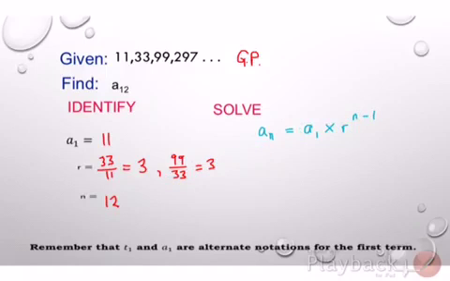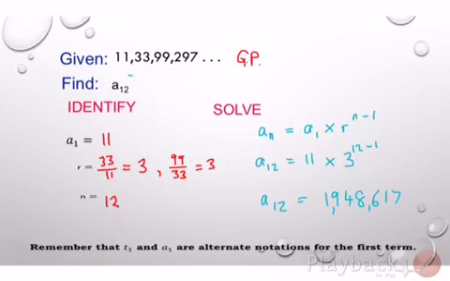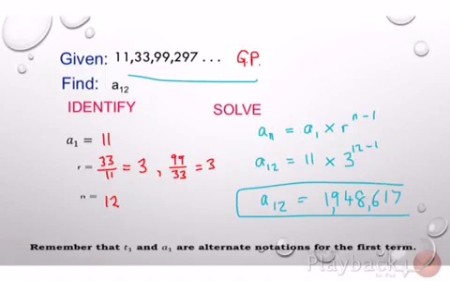So I'm trying to find a12, which is equal to a1, which is 11, times my r, which is 3, to the power of 12 take 1, which is obviously going to be 11. When I put that into my calculator, I end up with 1,948,617. So my 12th term in that geometric progression is getting really, really big really quickly because it's grown by a ratio of 3, and this is what I end up with.